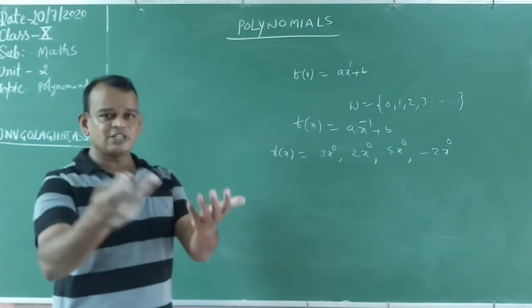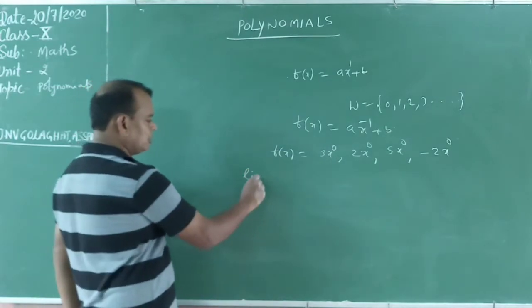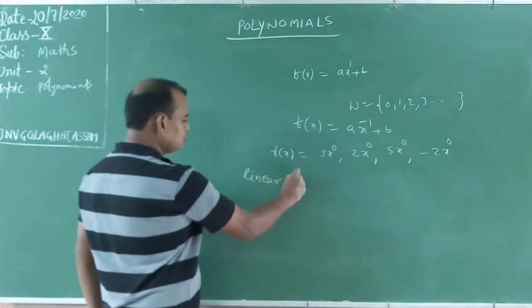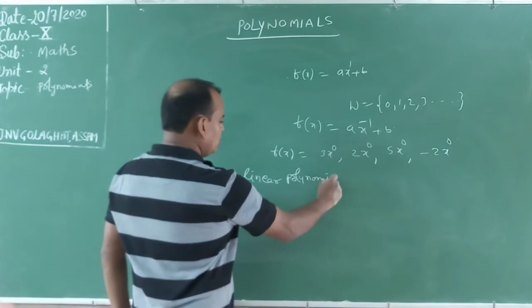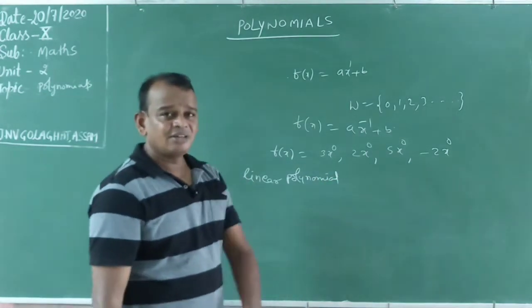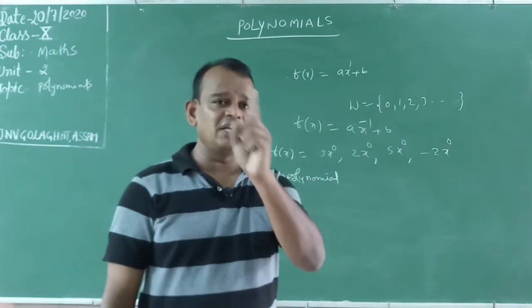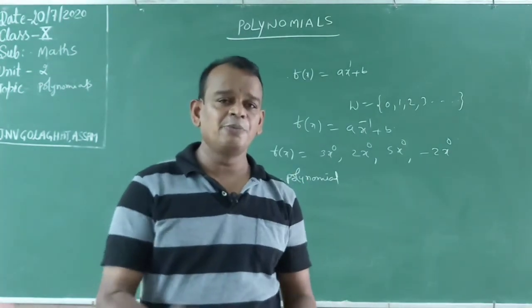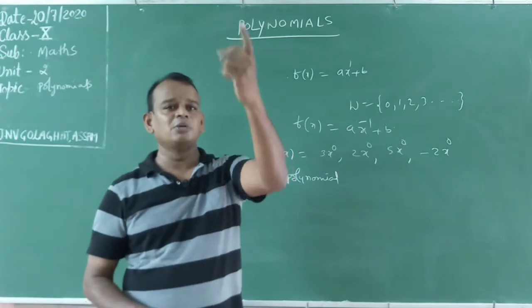Suppose the power is 1; that is called a linear polynomial. What is the meaning of a linear polynomial? It means the highest power of the variable in the given polynomial is 1.